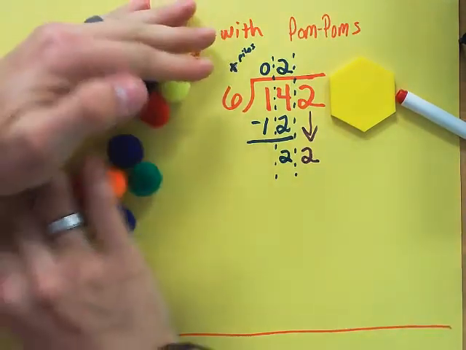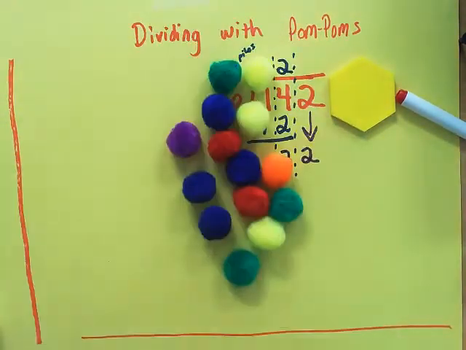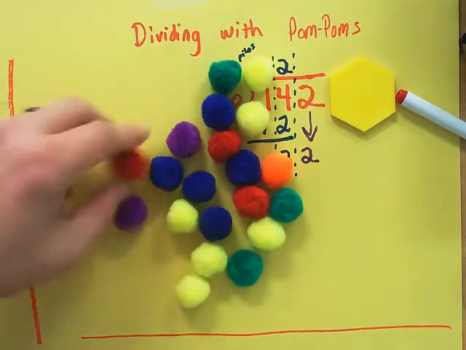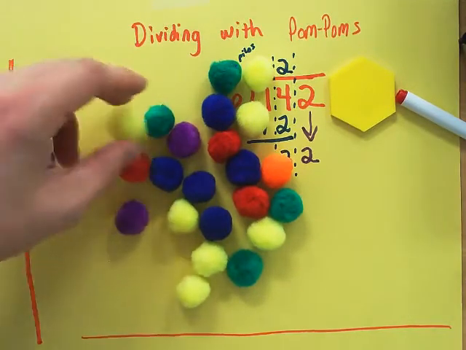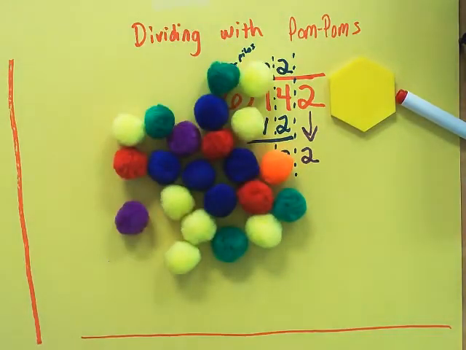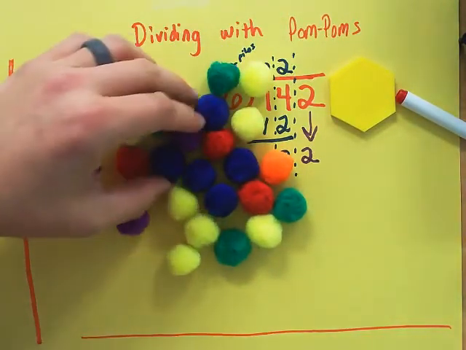So a while ago I had 14. I need to get to 22, so 15, 16, 17, 18, 19, 20, 21, 22. Okay, so I have my 22 pom-poms now. Once again, I'm going to make piles of 6.